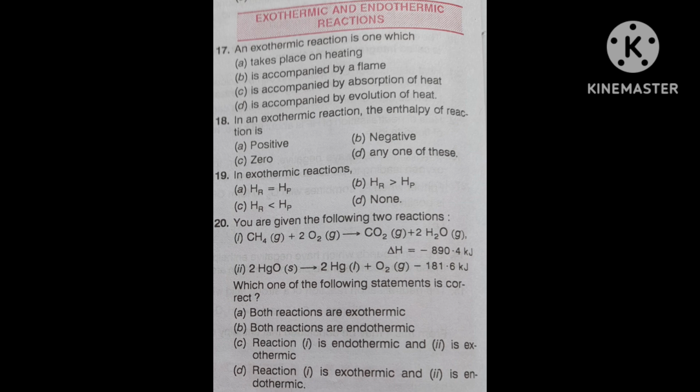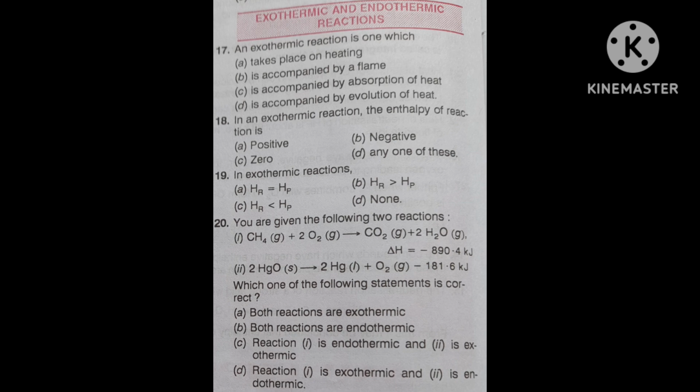Its correct answer is HR is greater than HP. It means the enthalpy of reactant is more than the enthalpy of products. That's why heat is evolved. Heat of product is less and heat of reactant is more.